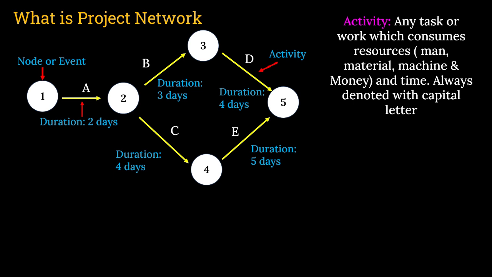And of course, not only resources but also time. That means any task which requires resources and time will be termed as activity and is always denoted with a capital letter, like the activity A. To complete the activity A, we require resources. Resources can be of 4 types: man, material, machine and money. And of course the duration, that is the time. Then only it will be termed as activity. Clear?